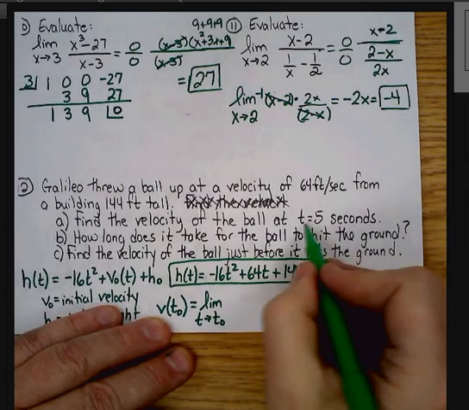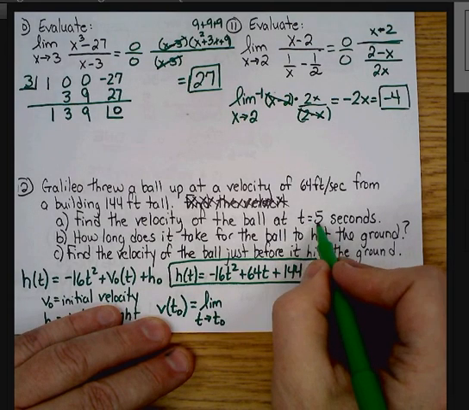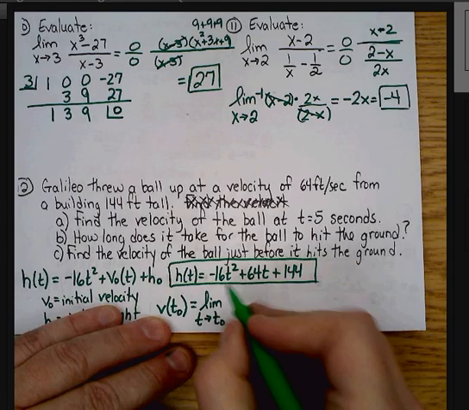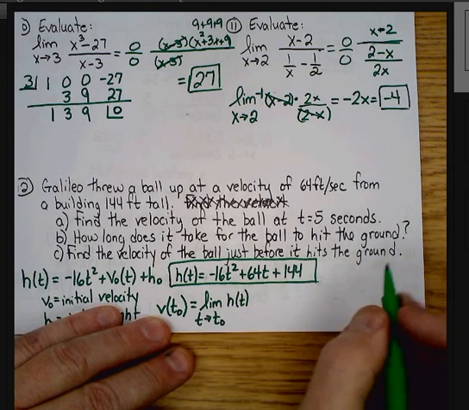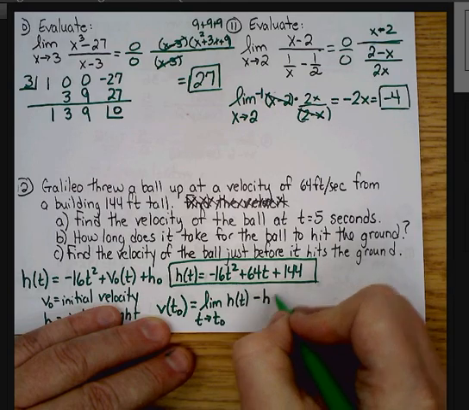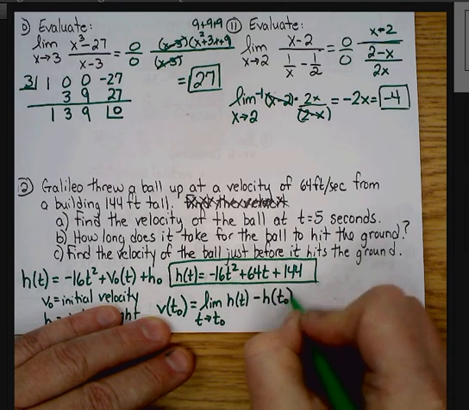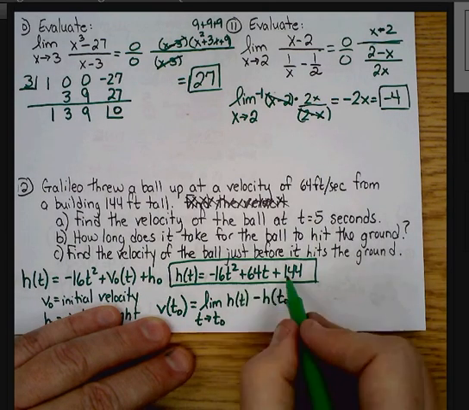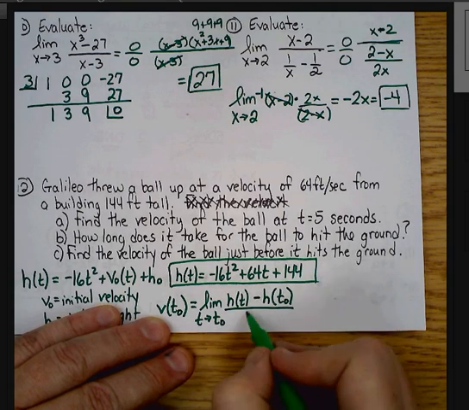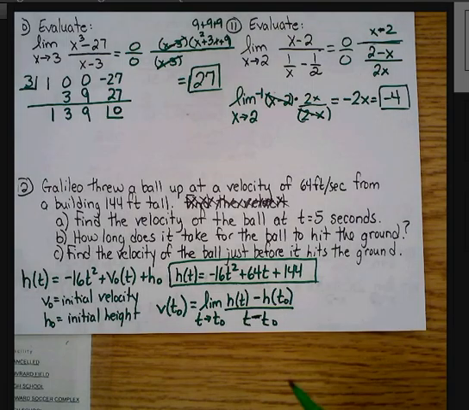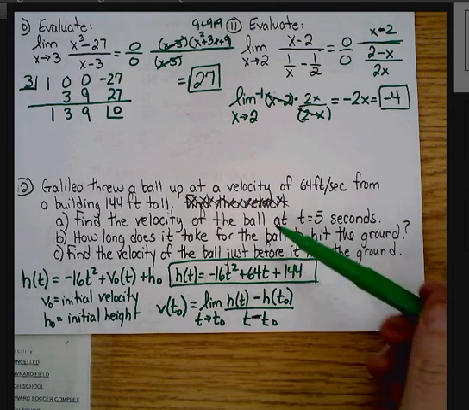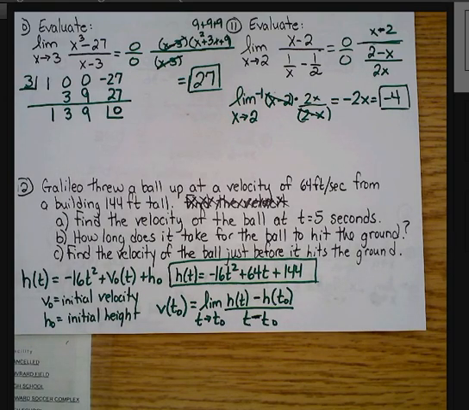In this question, t equals 5, so t sub 0 is 5. Then it goes h of t, which is your height function, the one you just came up with, minus the height of the object at t sub 0, which means take 5 and plug it in, and then you divide that by t minus t sub 0. Okay, so there are the formulas that you need to be able to do this problem. In the next video, I'll start with this problem and I'll answer those 3 questions.